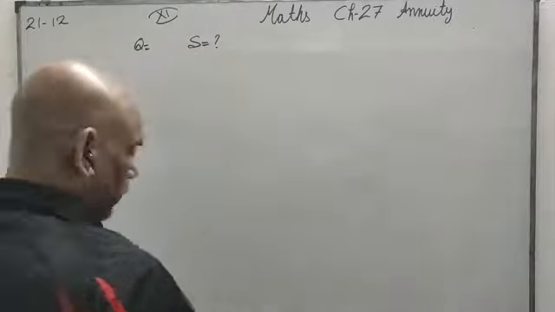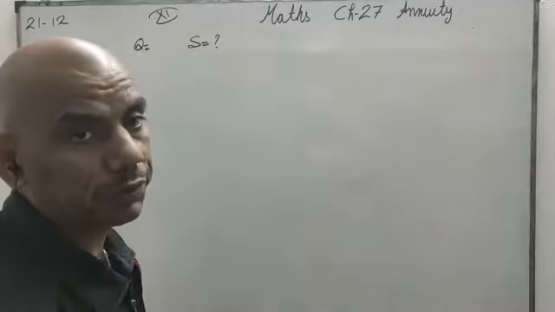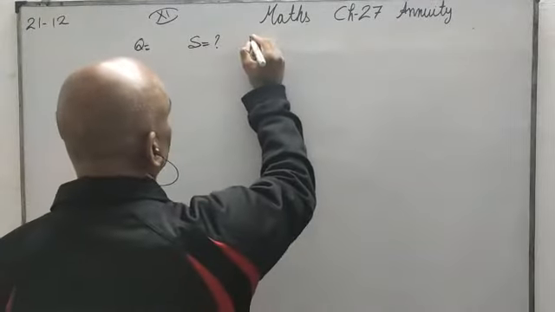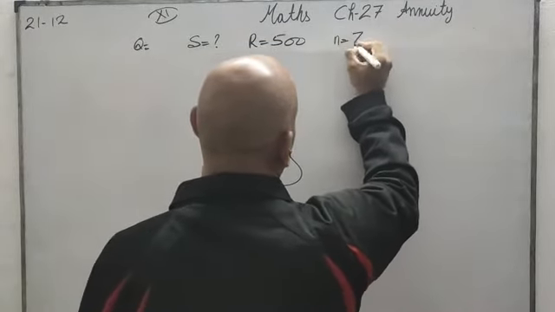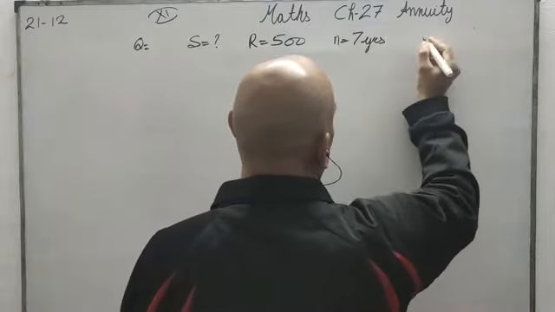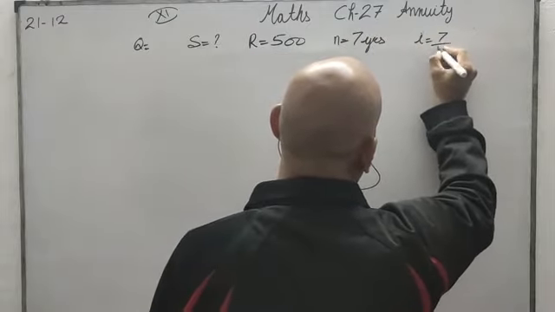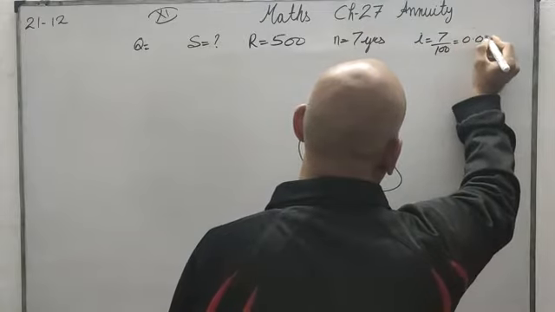Let us apply the same formula, but this time we will have to calculate it with logarithm. So R this time is 500, N is 7 years, and I is 7%, that is 0.07.